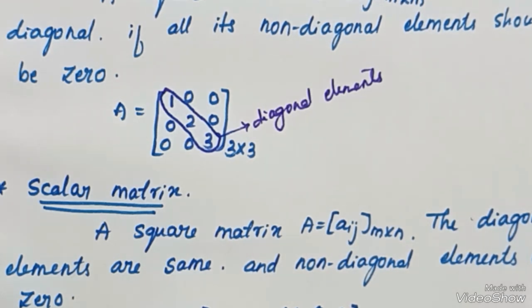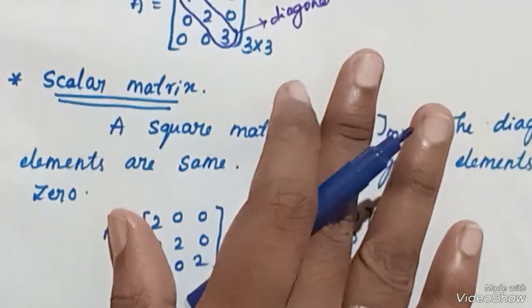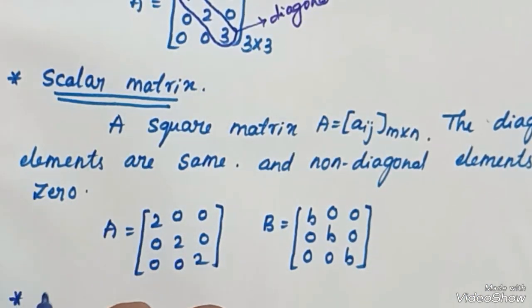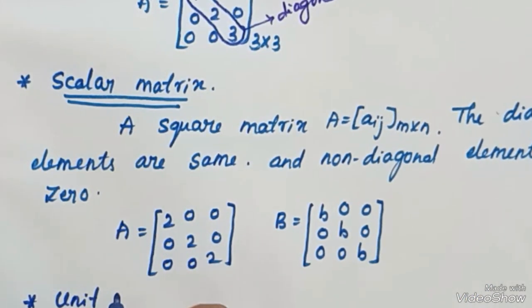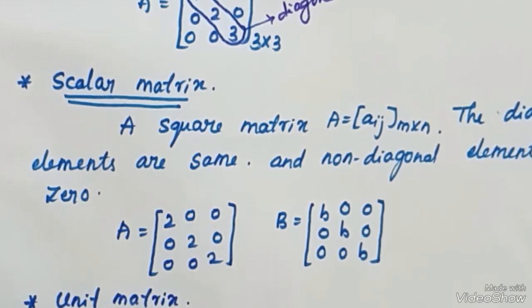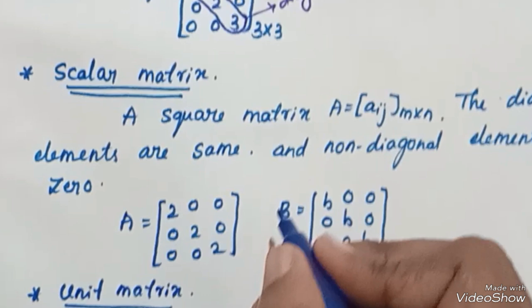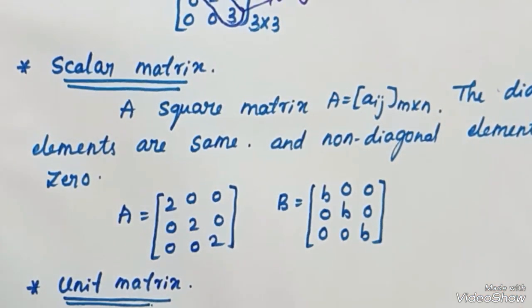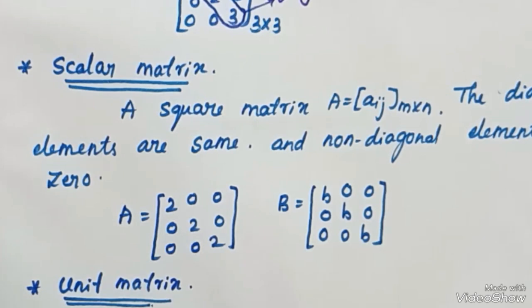The last one is the unit matrix. A unit matrix is similar to the scalar matrix, that is, the diagonal elements should be 1, or unity.